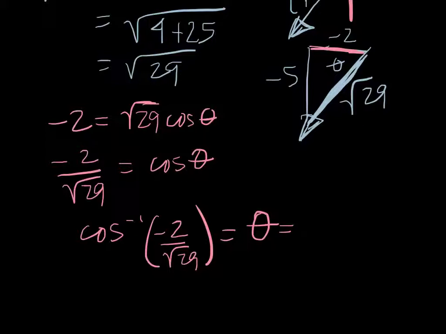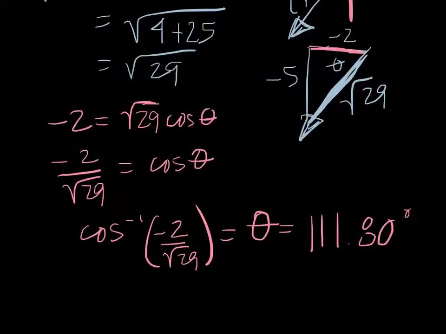Okay, I'm going to make sure my calculator's on degrees and do inverse cosine of -2 divided by the square root of 29. This is going to be 80 degrees. Okay, but that doesn't make any sense. Hold on a second.